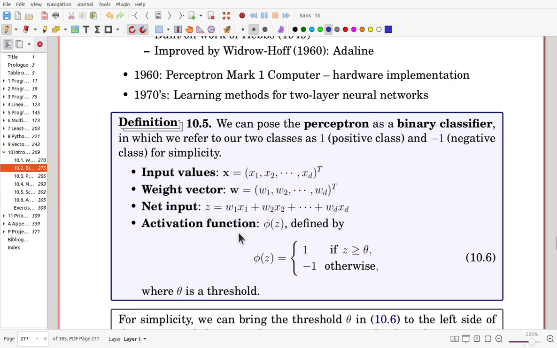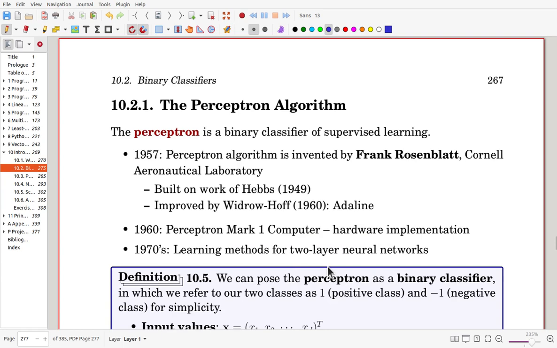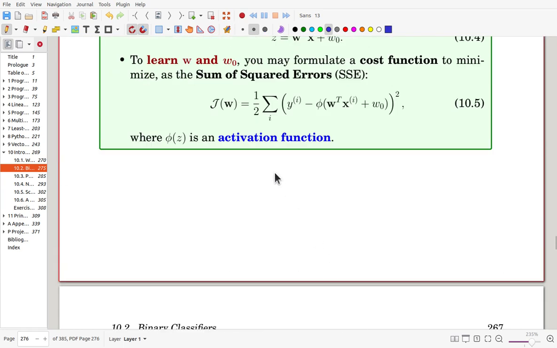Now, for activation in the Perceptron, we use a thresholding scheme. Once the net input Z is larger than or equal to theta, the threshold, then the value is 1, and otherwise we get -1. After getting this activation value, we try to minimize the error.